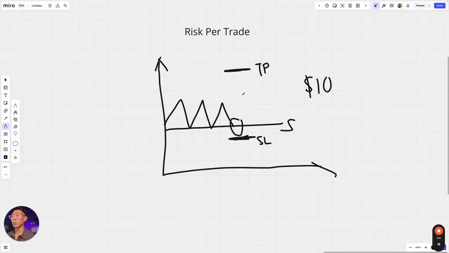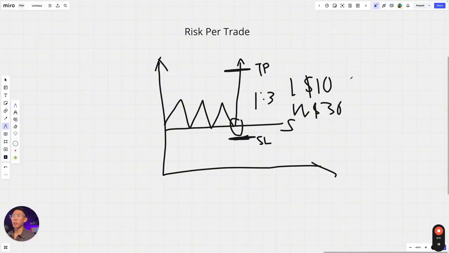Let's say we have a 1:3 risk to reward ratio. If you lose, you lose 1% of your capital, which is $10. If you win this trade and price hits your take profit, you'll win about $30. 1:3: risking 1% to make 3%, risking $10 to make $30.